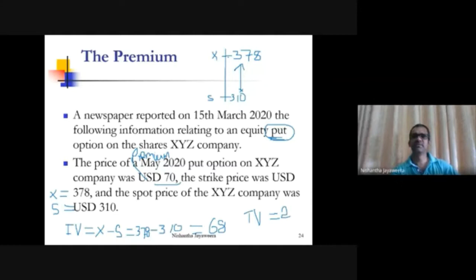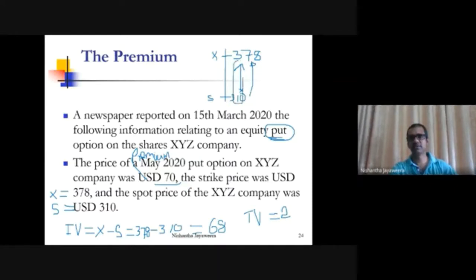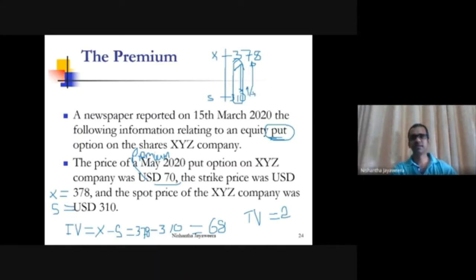So even within the next 2 months, the market is priced in such a way that the chance of coming back to this is low, because the intrinsic value is very high. So even if this changes by a small amount, that will drive the premium, not the time value.